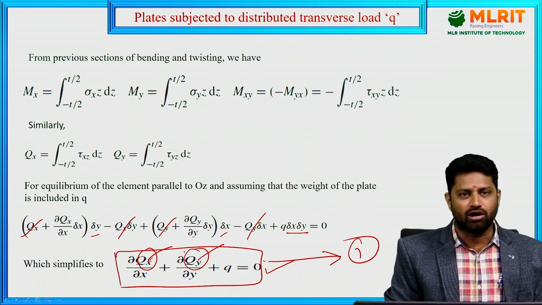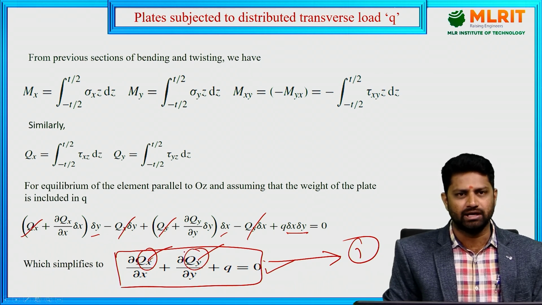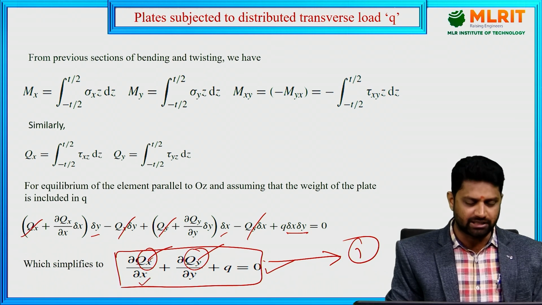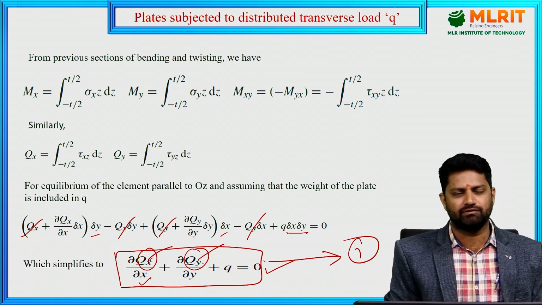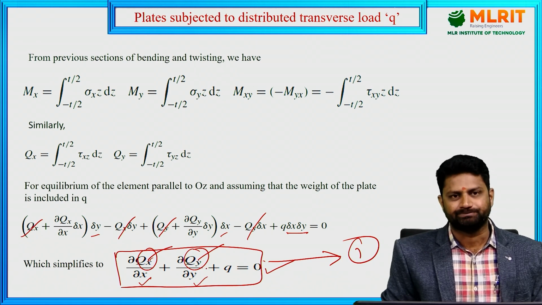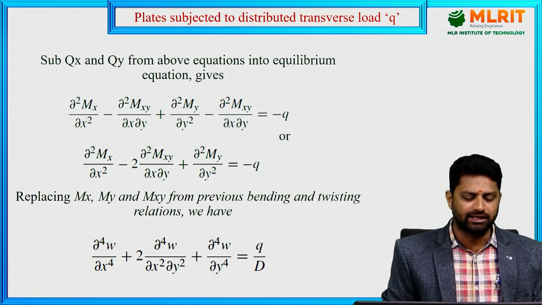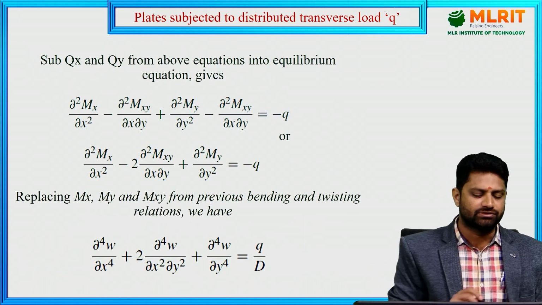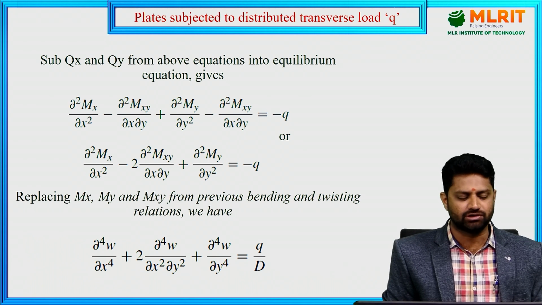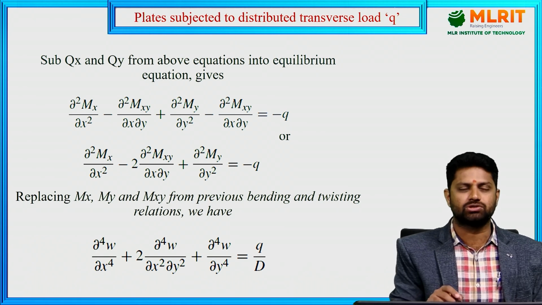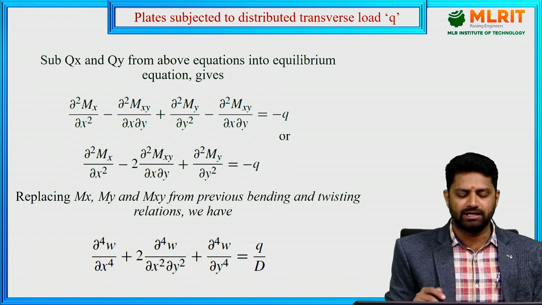After substituting for qx and qy, remember that whatever we substitute for qx should be differentiated with respect to x, and for qy should be differentiated with respect to y. When it is written like that, the equation reduces to ∂²mx/∂x² minus ∂²mxy/∂x∂y plus ∂²my/∂y², again minus ∂²mxy/∂x∂y, equals minus q.